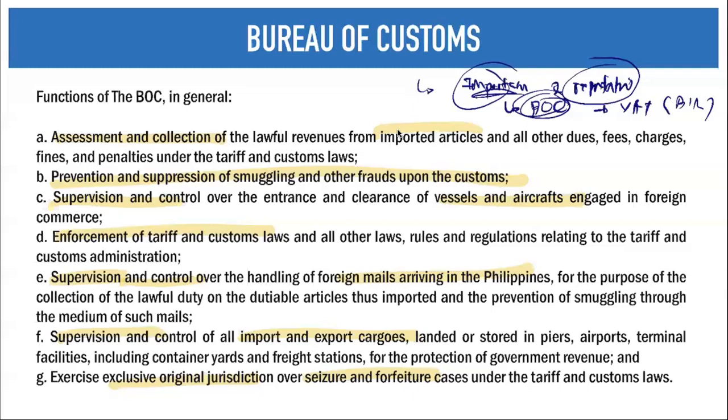So they don't declare the actual amount or the actual items inside that box. So doon naman normally pumapasok yung mga smuggled items natin. Yung tipong sasabihin nila it is medicine but it is not medicine. Mga ganun. It is for household but it is not for household. So those are the common reasons for seizure and forfeiture.